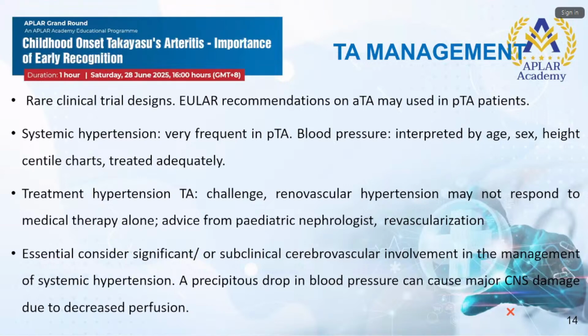We must be careful when controlling systemic hypertension in special cases such as significant or subclinical cerebrovascular involvement, because a precipitous drop in blood pressure can cause major CNS damage due to decreased perfusion.